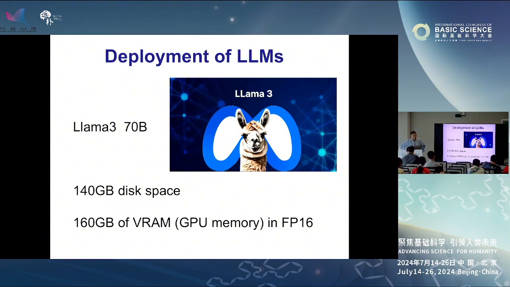For example, to deploy Meta's Llama 3, the 70 billion version, you need at least 140 gigabytes of disk space and 160 gigabytes of GPU memory, because that version uses floating point 16. This hardware requirement could be very challenging for a lot of users.